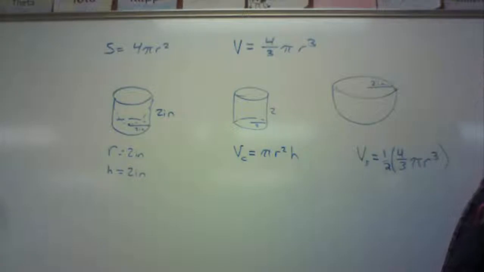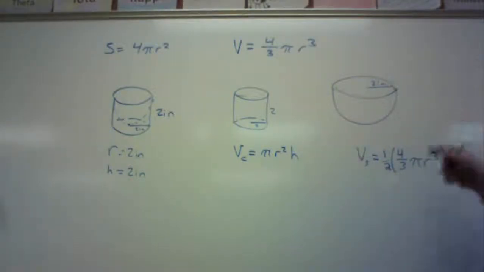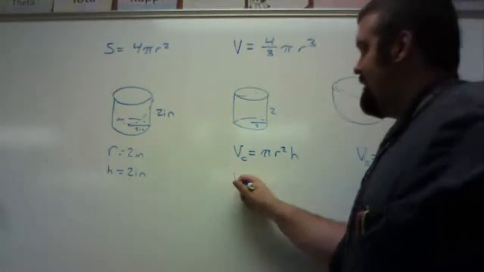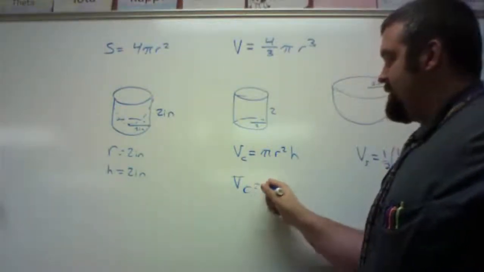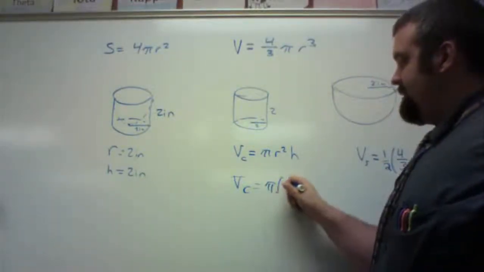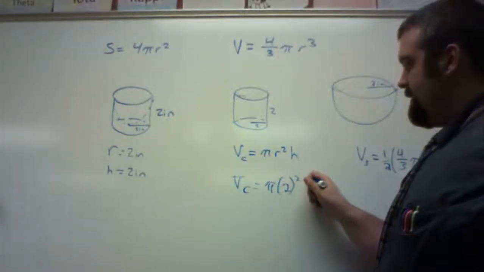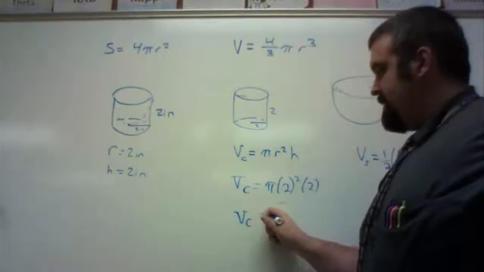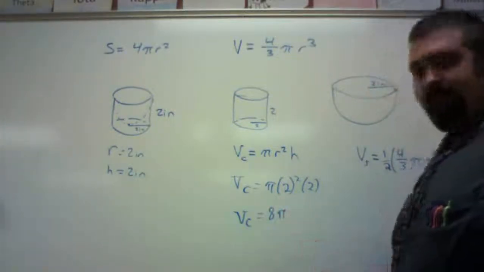So to find the volume of the cylinder and to find the volume of the sphere, I basically plug in and solve. Volume of the cylinder is going to equal pi times 2 squared times 2, or 8 pi.